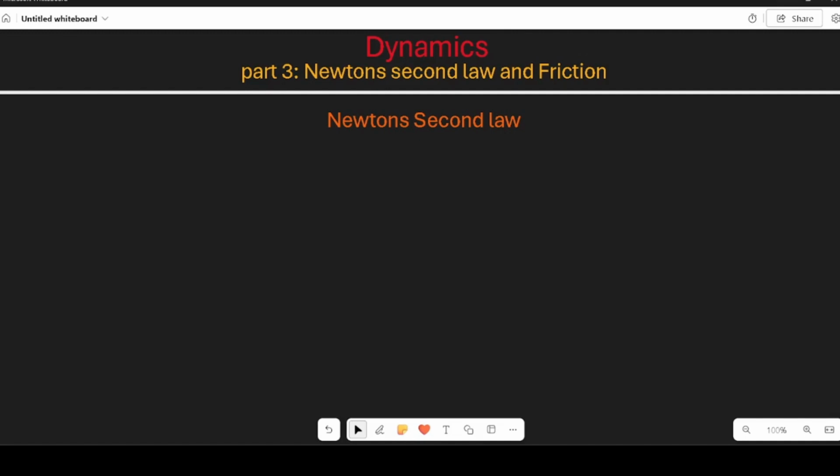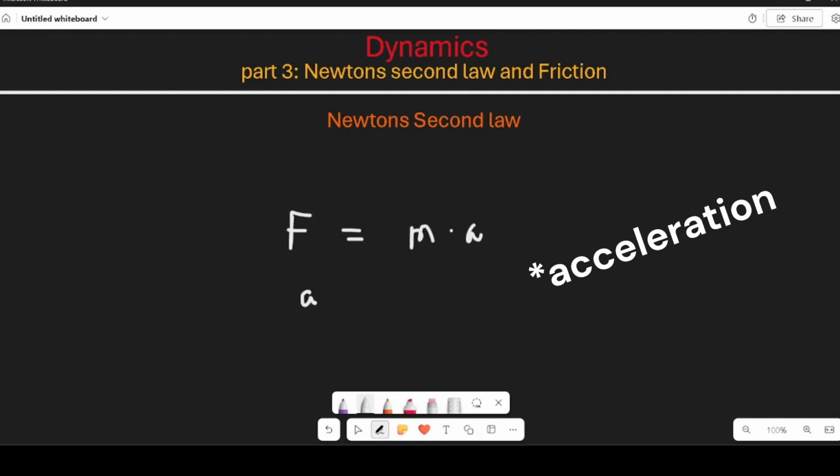So basically what you can say is that Newton's second law is that force equals mass into acceleration, or acceleration equals force divided by mass.